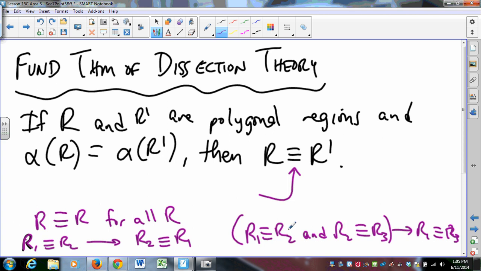We can break up the triangles from here and the triangles from here into smaller units, all triangles, and let the 1s match up with the 3s. That's the way that's going to go.